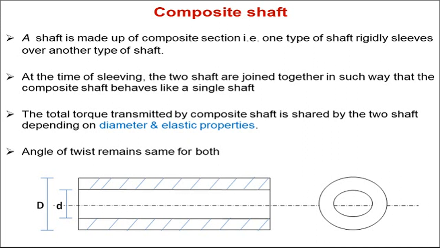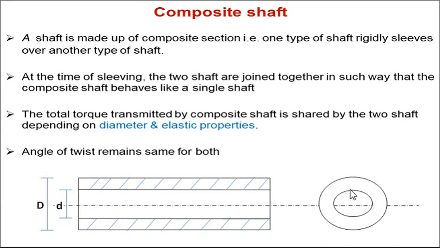In the figure below, you can see a longitudinal section and a circular section. There is one shaft of a larger diameter, and the other shaft has a smaller diameter, less than the outer shaft.